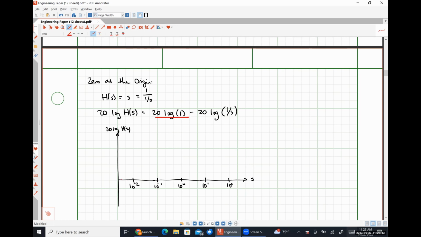Twenty log of 1 is just a constant 0 dB. 20 log of 1 over S is just this line.